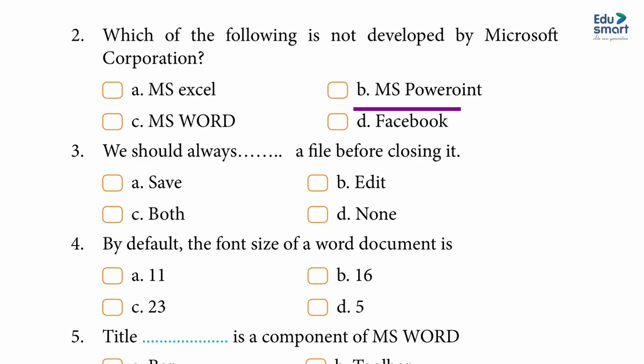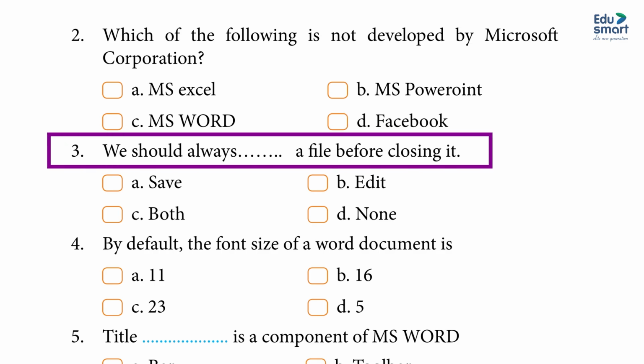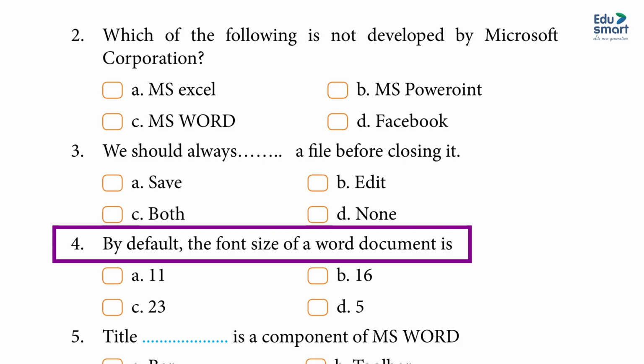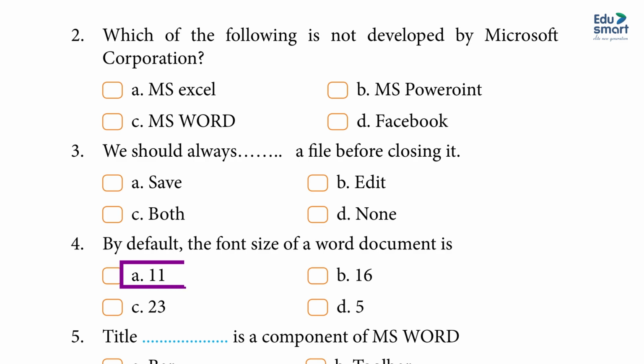Answer: D. Facebook. 3. We should always dash a file before closing it. A. Save. B. Edit. C. Both. D. None. Answer: A. Save. 4. By default, the font size of a Word document is A. 11.